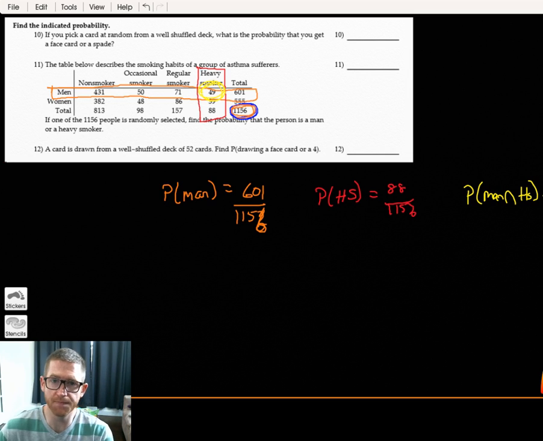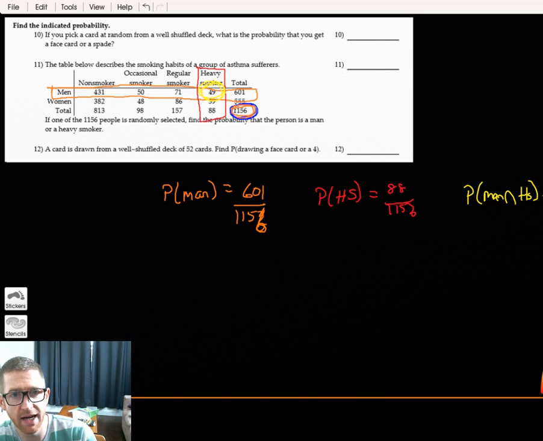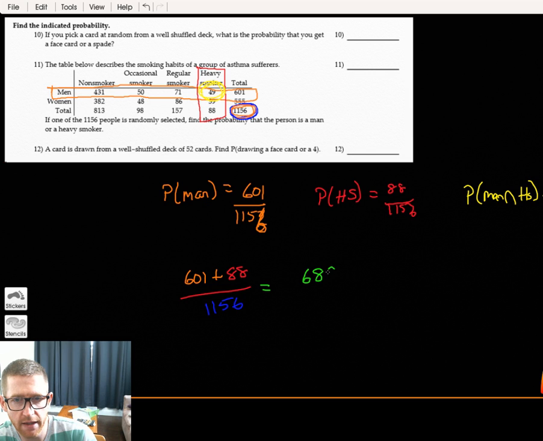To calculate the probability that a person is a man or a heavy smoker, if you just added 601 plus 88 and divided by the total of 1,156, that would be 689 over 1,156.